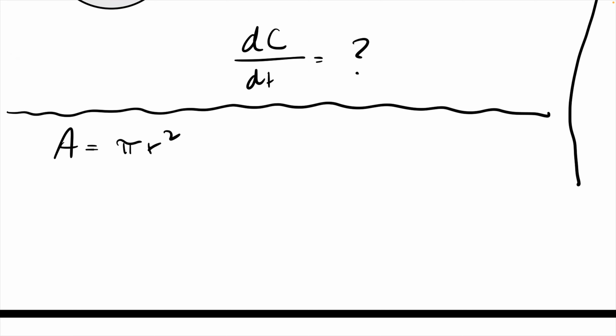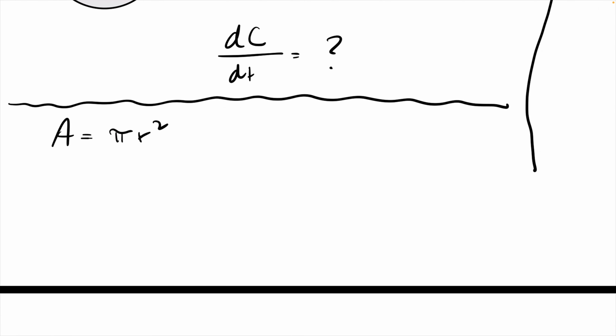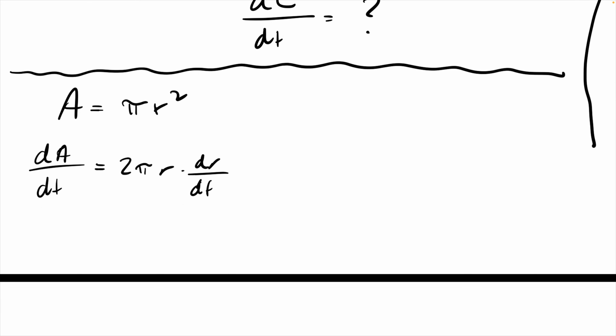Okay. Find the derivative of that guy. dA over dt equals, and then how do I find the derivative of the other side? Power rule, so it'd be 2 pi r dr over dt, right? Plug in what I know.